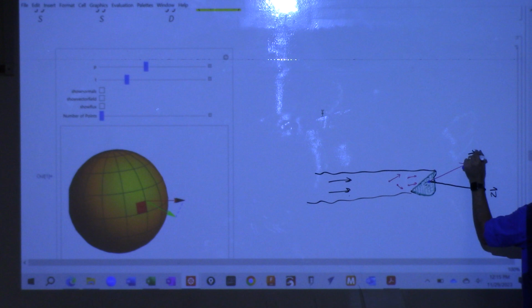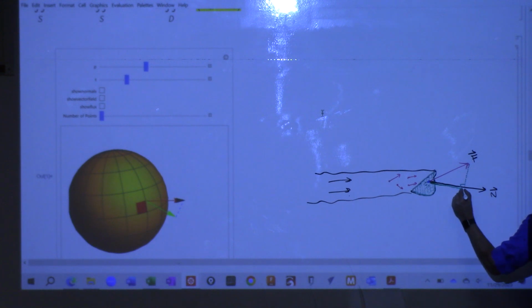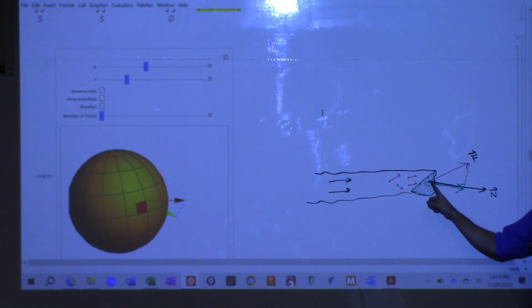This is my field vector. What I want to do to figure out the flow through here is take the field and project the field onto the normal vector and create this new vector. That vector is the component of this vector moving in the direction that's perpendicular to the surface. So it's giving me the flow through that surface.